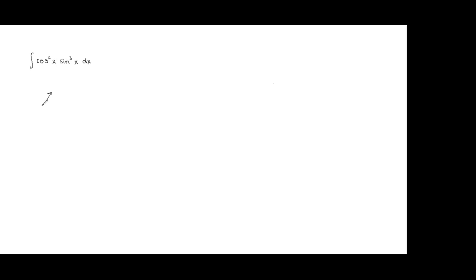So two possibilities: either u is equal to cosine of x, or u is equal to sine of x. Now, you could also have tried to use u is equal to sine to the power of 3 of x, or u is equal to cosine to the power of 6 of x.